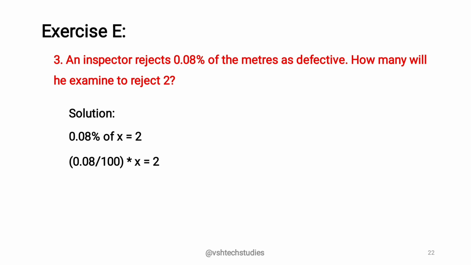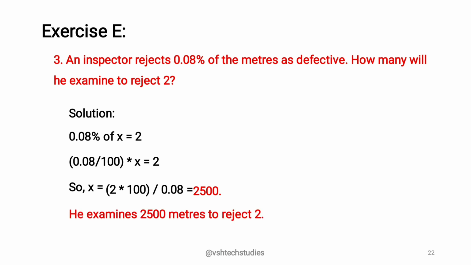Of is written as multiplied by. Now keeping x on one side of the equation, moving 0.08 and 100 to the other side, 100 goes to the numerator, 0.08 comes to the denominator. Now if you simplify this, we get 2,500. So the inspector will have examined 2,500 meters to reject 2. Answer: 2,500 meters.